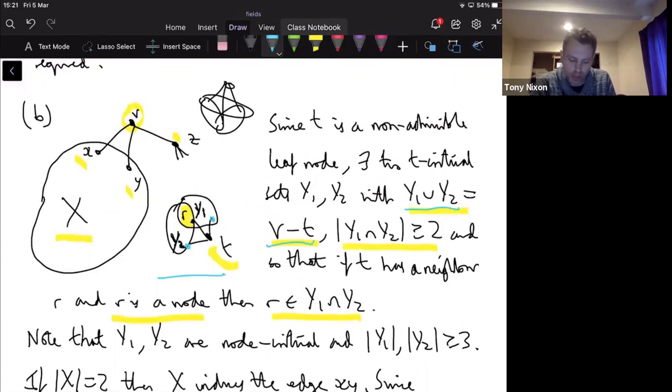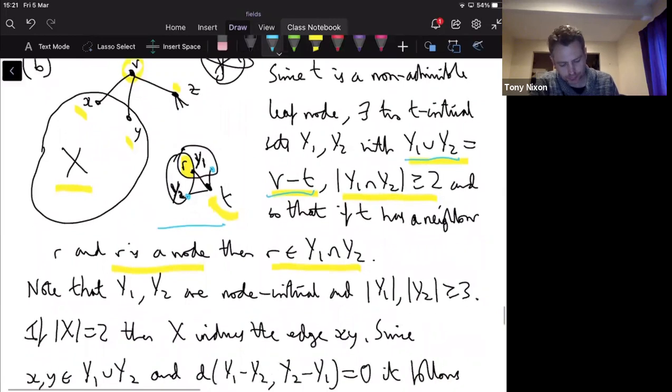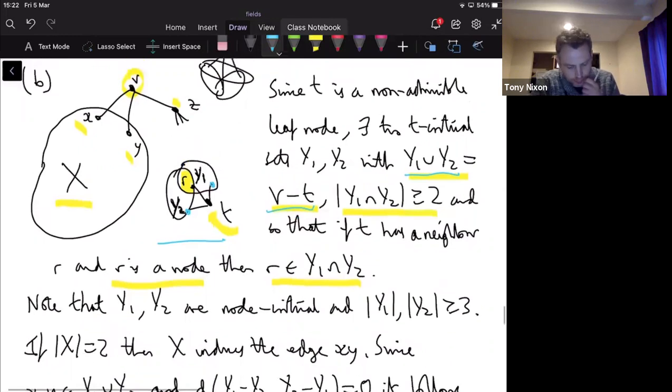We're now going to have to work on whether parts of Y1 and Y2 intersect which parts of X to try and get X union something to be a bigger node critical set. Okay. So Y1 and Y2 are node critical and have at least 3 elements.